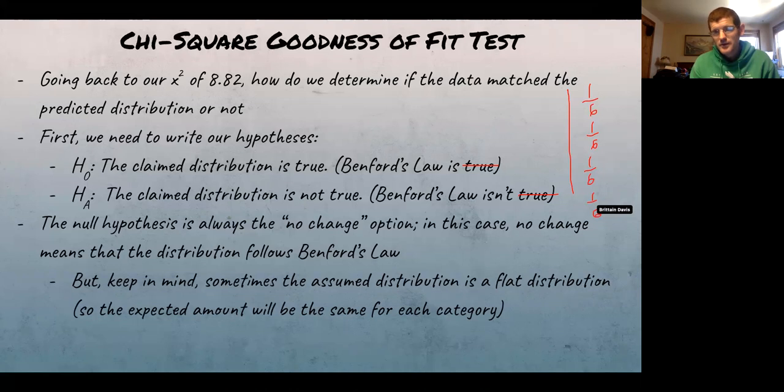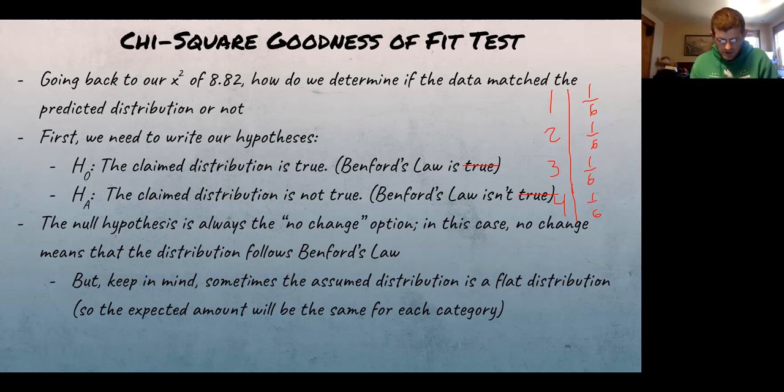There's an equal probability, so we should get a pretty even distribution of 1s, 2s, 3s, 4s, and so on. So you can have an even distribution, and oftentimes that's actually what you're going to be testing. Now, we want to convert this into counts, so we would roll a specific number of times.